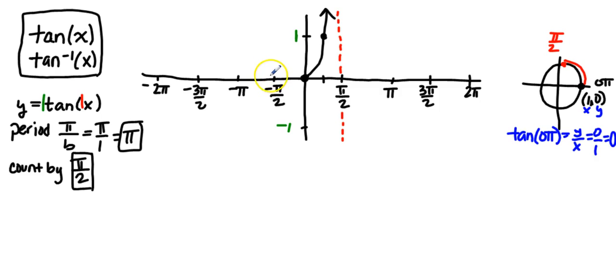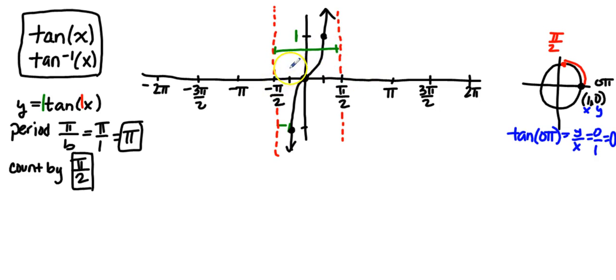In similar fashion, in that discovery activity, we discovered the same happens when we approach negative pi over 2. So you can always go back and watch that. That was a really good discovery video. And if I check the period here, the distance between these asymptotes should come out to be pi.